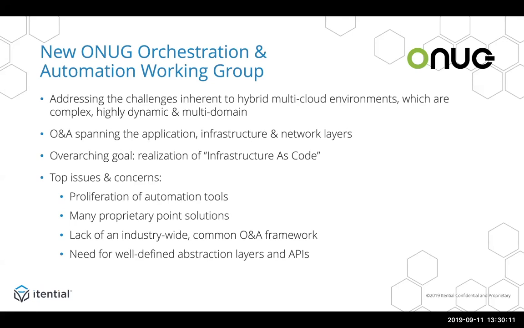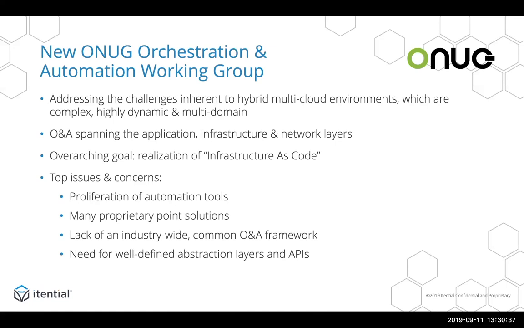It's a common buzz phrase, but we really need a new approach, I think, to fully realize that. Just some of the top issues and concerns that have been floated within this working group are, as Chris noted already, there is a proliferation of automation tools, right? There's no shortage of methods for doing automation, but there's still a lot of different point solutions out there.